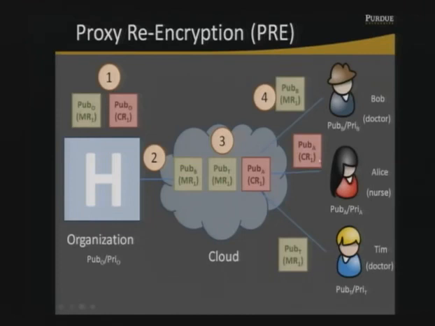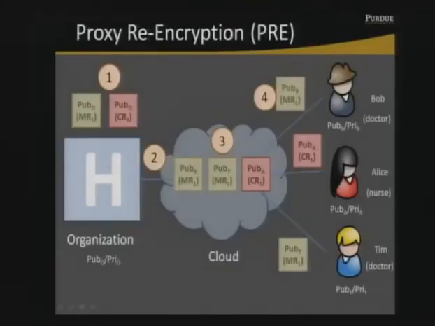And the cloud uses that additional information and converts these encrypted documents into encrypted documents under the public keys of the users. So for example, if you take this one, it's originally encrypted with the public key of the hospital. And then using the additional information, the cloud converts that into the public key of Bob and the public key of Tim.